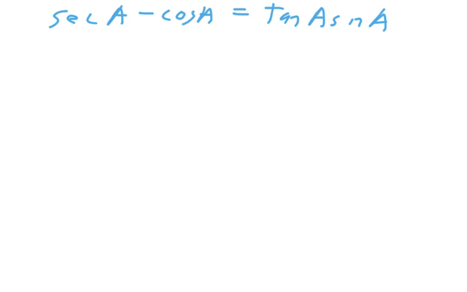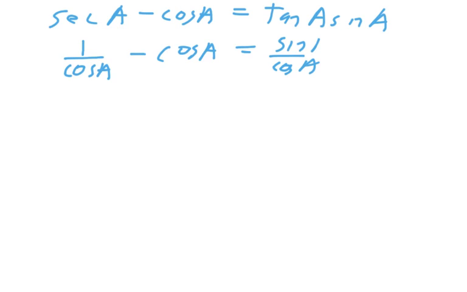For this next one, I am going to do it the way we normally do it, which is to change everything into sines and cosines. And this turns out to be sine over cosine. So we need a common denominator, which is the cosine.